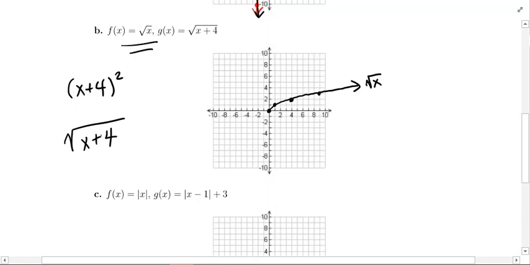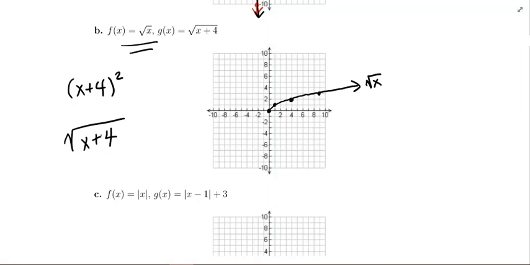That quantity x plus 4 is trapped inside of the square root. So even though you don't physically see parentheses, the square root is acting like parentheses, trapping the quantity inside. So you can think of the x plus 4 as being trapped or as being in parentheses.